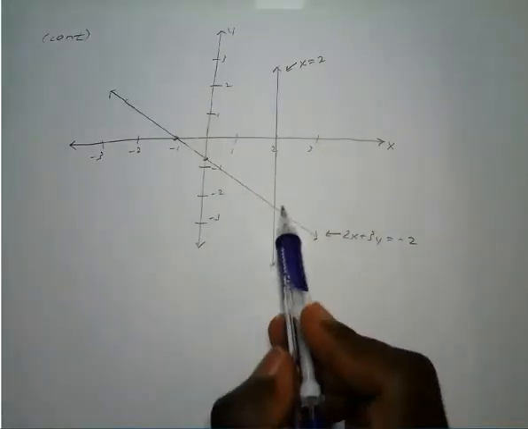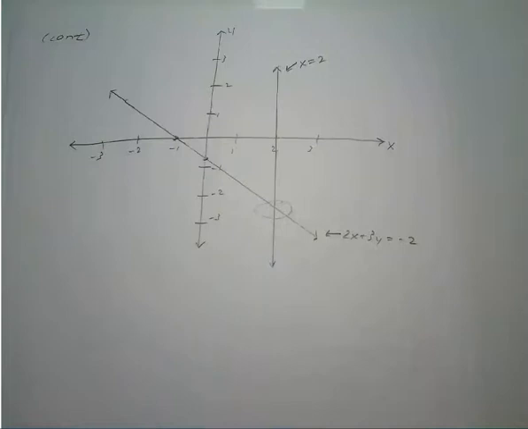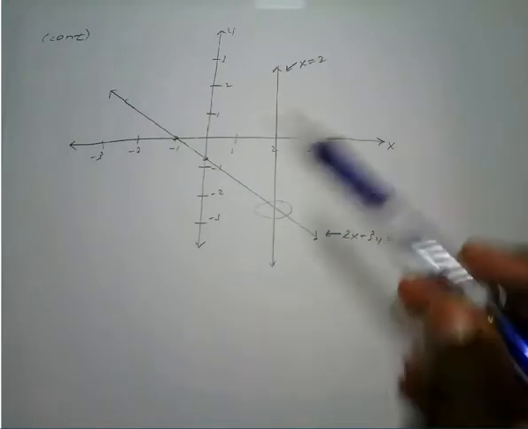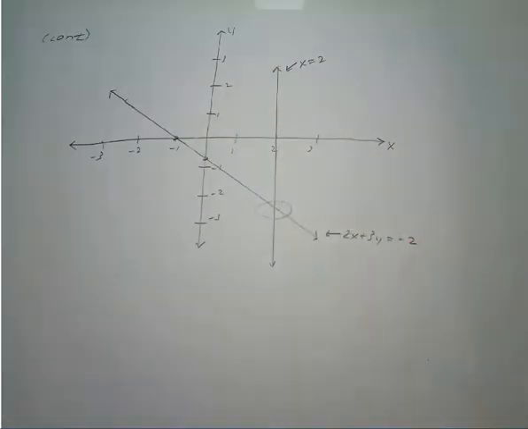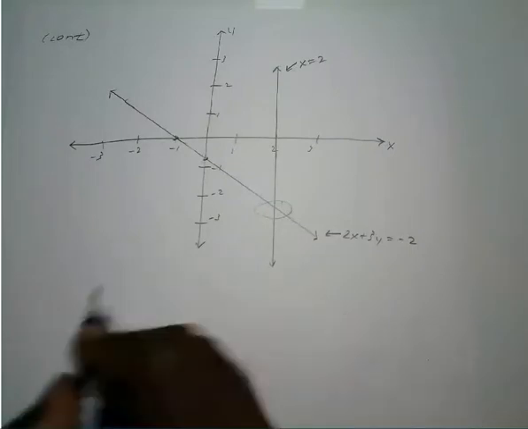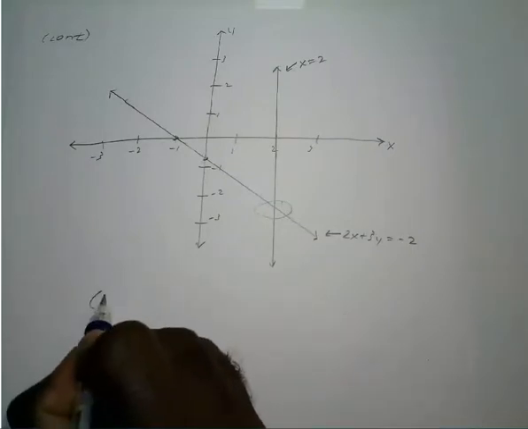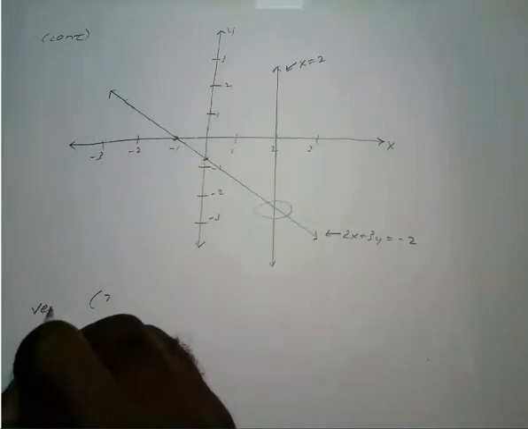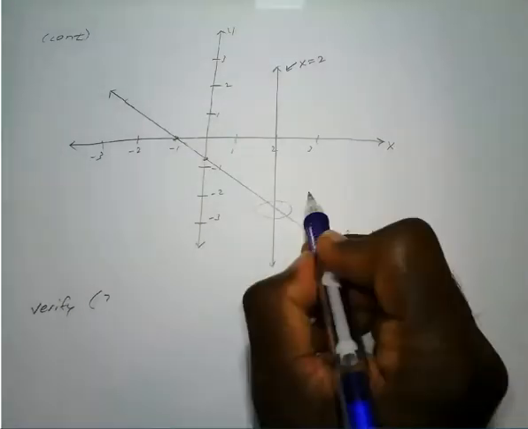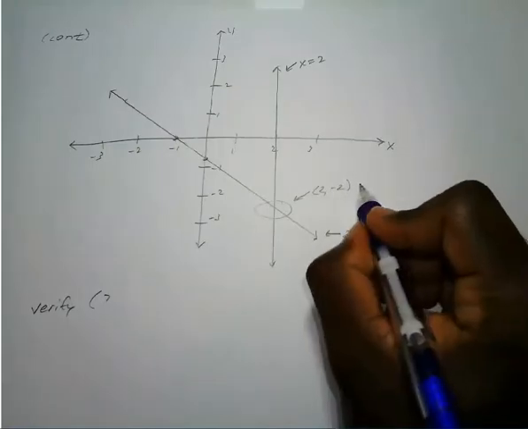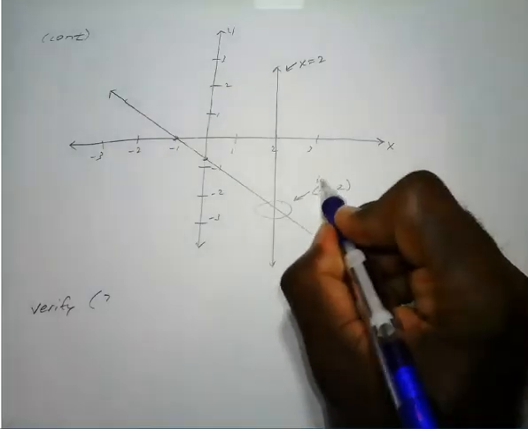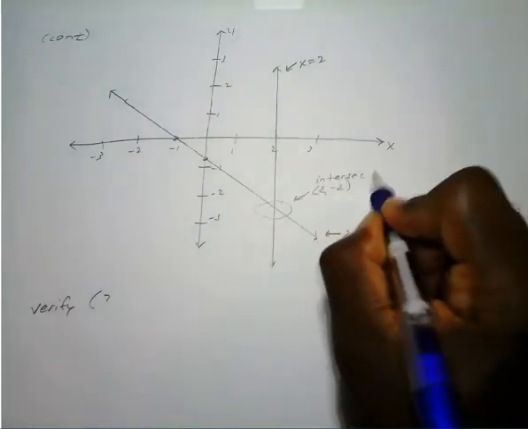Okay, so this should be our solution. And it looks like it's 2, well, it should be 2, -2, but my drawing is a little bit off. Okay, so we want to verify 2, -2 is where they intersect.